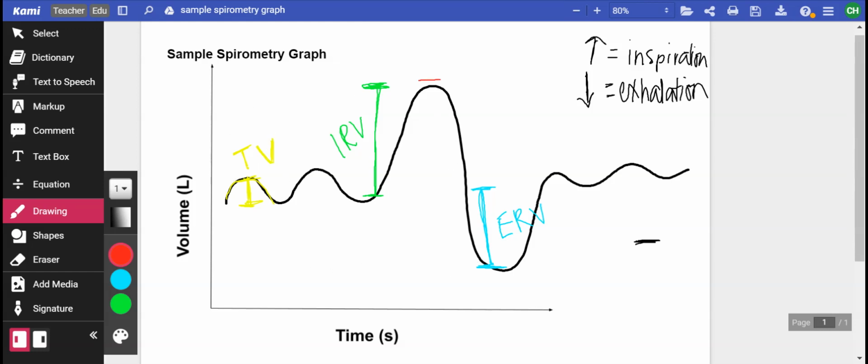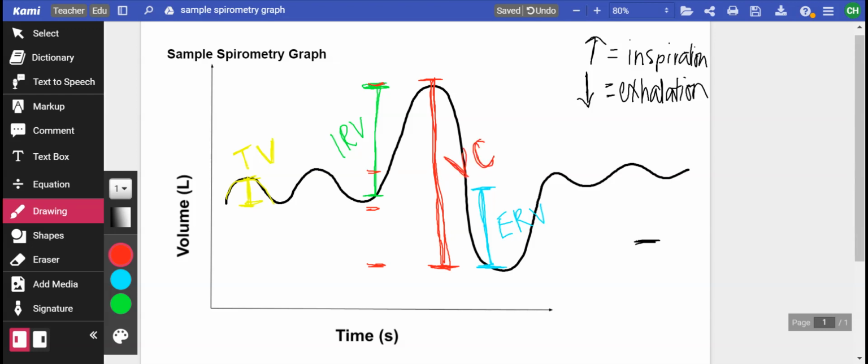So for example, this big peak right here from the top of the IRV through the tidal volume down to the ERV, the component of all of those is what we call the vital capacity, which is VC.